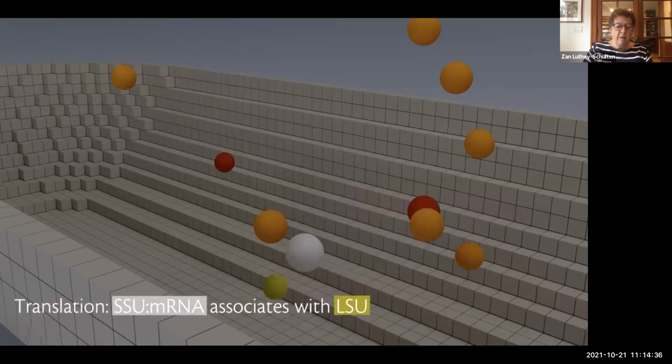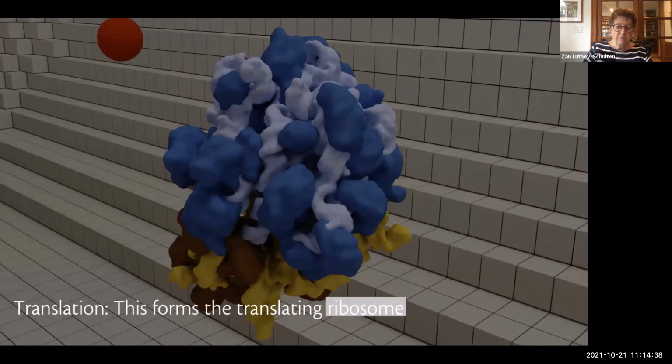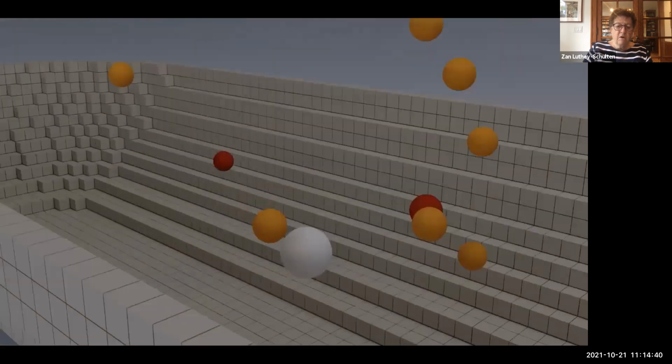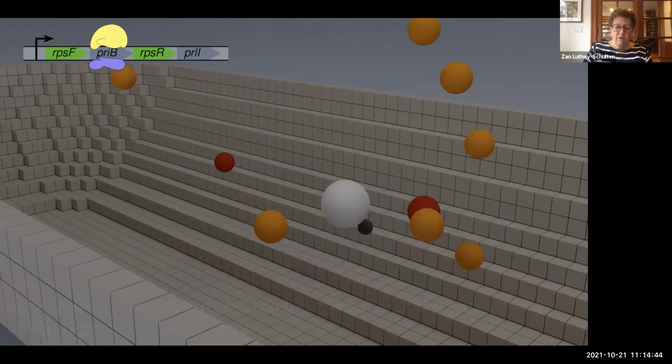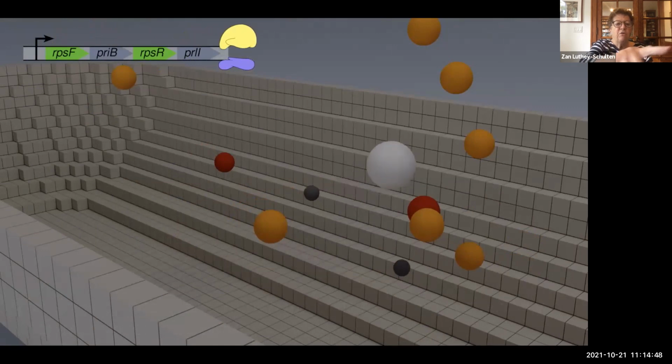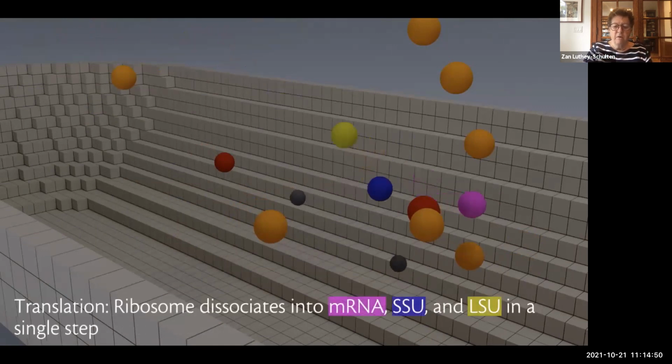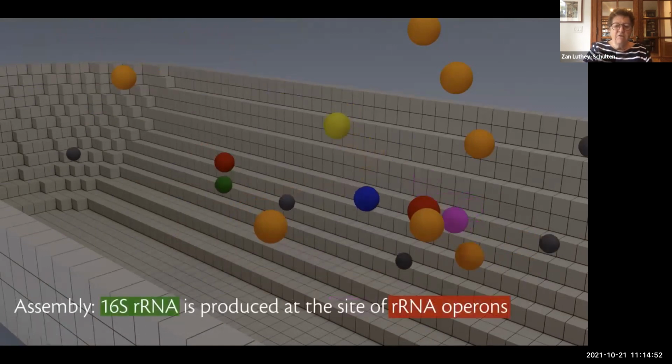And then eventually that messenger will associate with a small subunit. And a small subunit and a large subunit make a ribosome. And you read through the messenger up there. And then things fall apart.